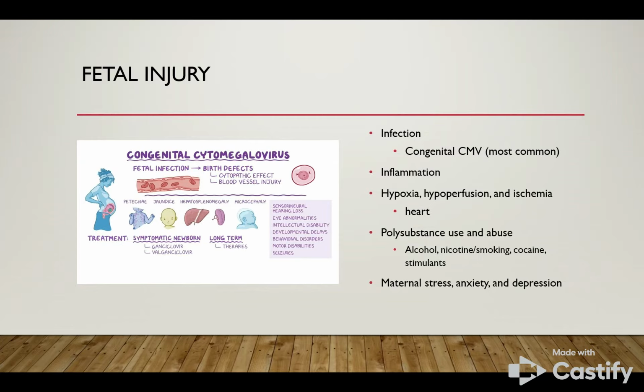Fetal injury, some of them that occur, one of them being an infection. Congenital cytomegalovirus is the most common fetal injury. It's listed in this nice infographic right here, which gives a little information, but it's an infection that can cause birth defects.